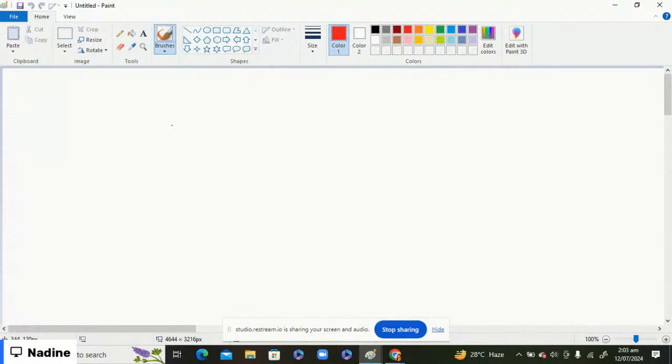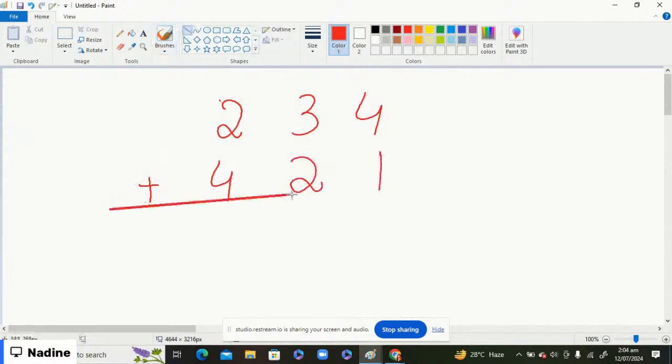Then we solve it together, and we check what answer we get. So here it's 234 plus 421. Okay, so now let's solve together.